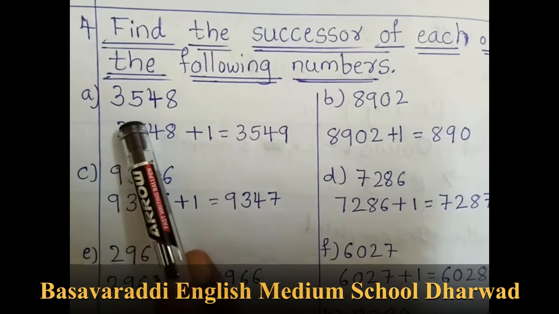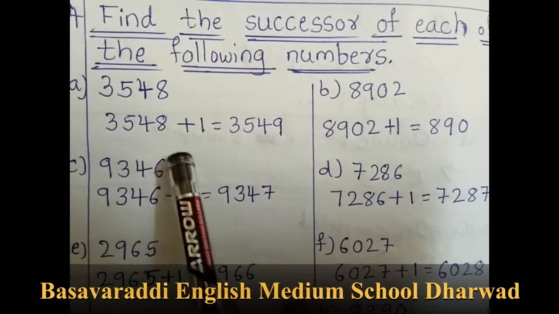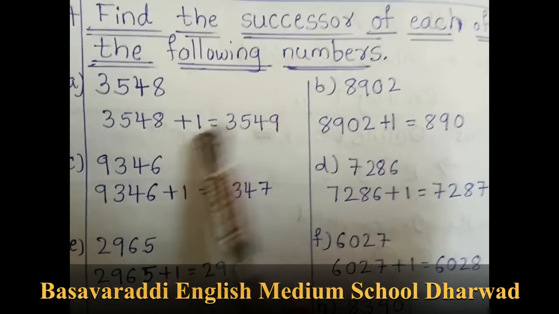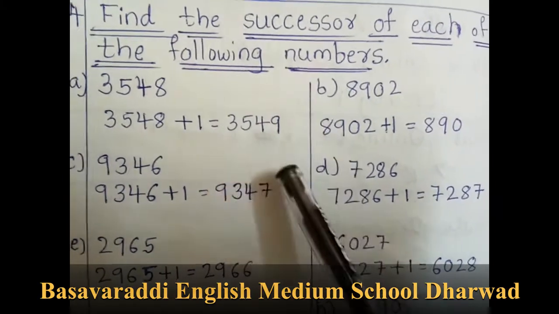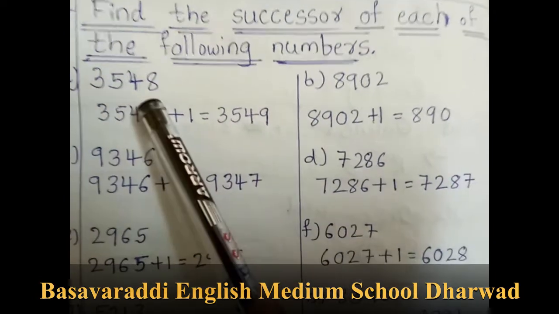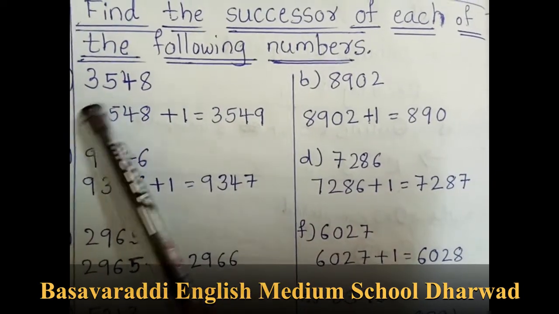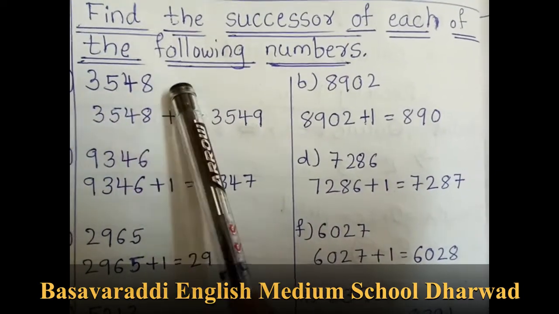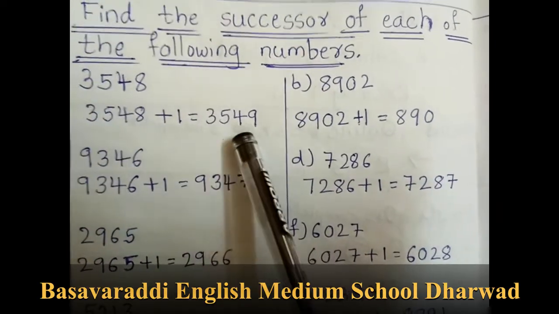This is 3548. 3548 plus 1, we are adding, because they told us to find the successor. So that is 3549. When we add 1, it is just after 3548, which is 3549.